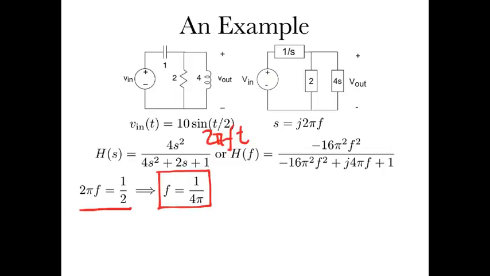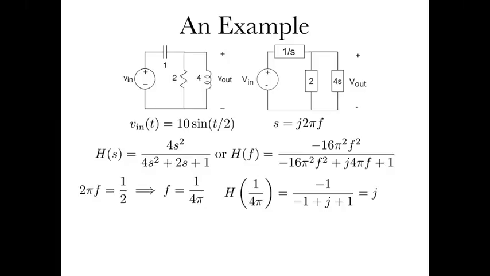I now want to find the value of the transfer function at that frequency. And like I said, this assumption of that frequency value makes the calculations very simple, because the numerator just turns out to be minus 1. We get that same term here. This becomes j, and the 1 is 1.